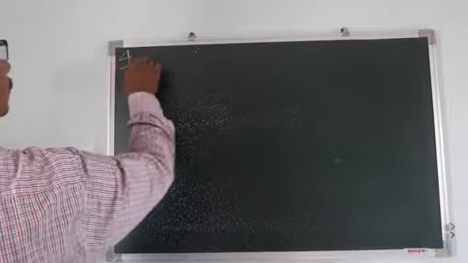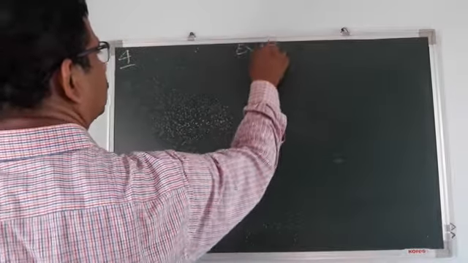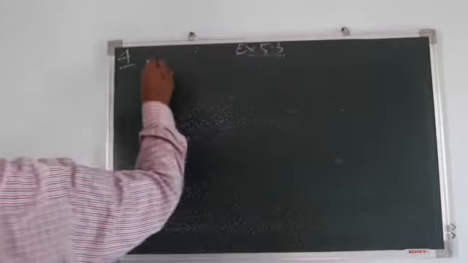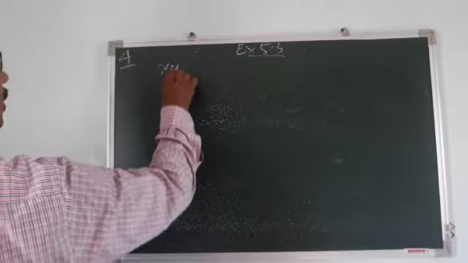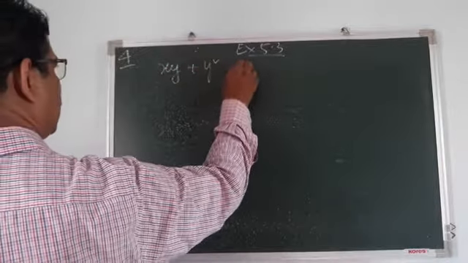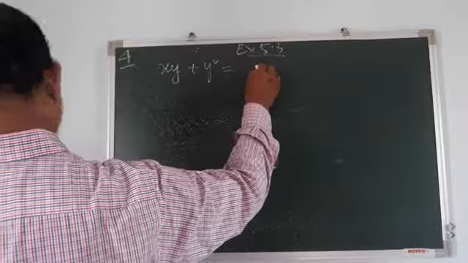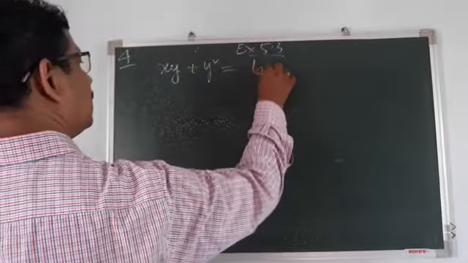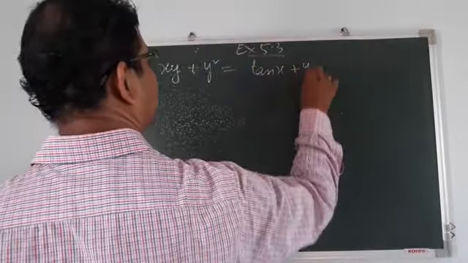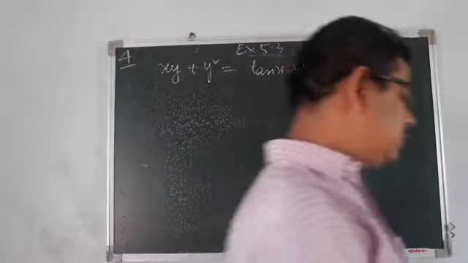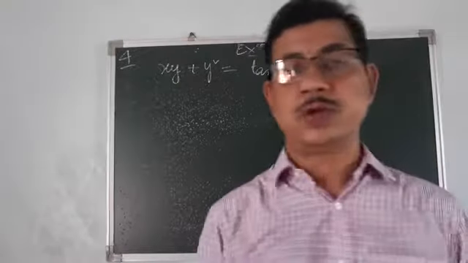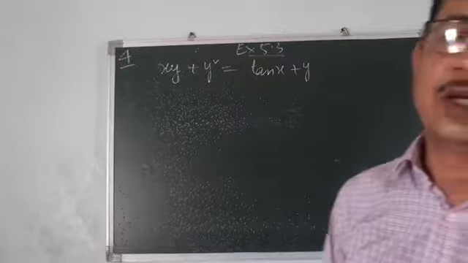Now question number 4. It is given that xy plus y square is equal to 10x plus y. So this is our question. What we have to find?